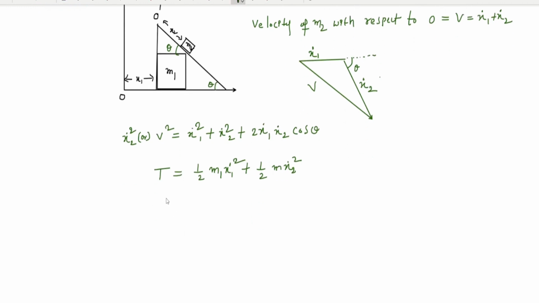Kinetic energy T equals 1 divided by 2 m1 x dot 1 square plus 1 divided by 2 m2 times x dot 1 square plus x dot 2 square plus 2 x dot 1 x dot 2 cos theta. So this is our kinetic energy term.